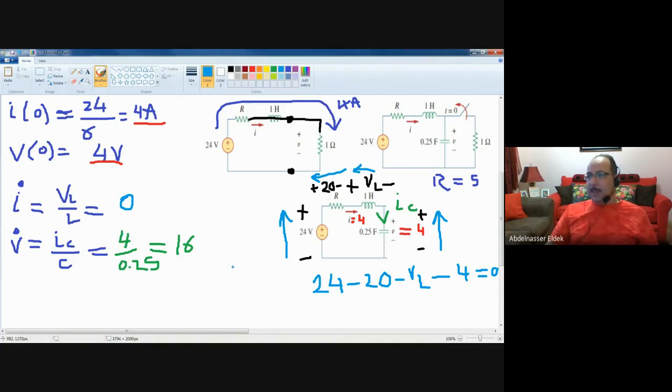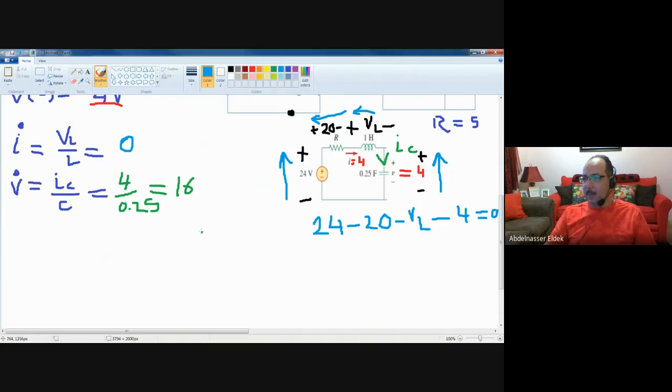Now let us see the final values. Can I just calculate the final value and say that the final values here are 0? No. Why? Because in this circuit, after you turn off the switch, you still have a source. So you cannot say that the voltage across the capacitor is 0 or the current in the inductor is 0. So you need to redraw this circuit again.